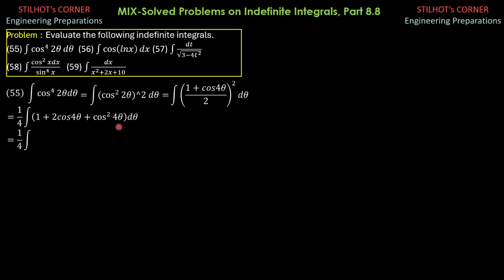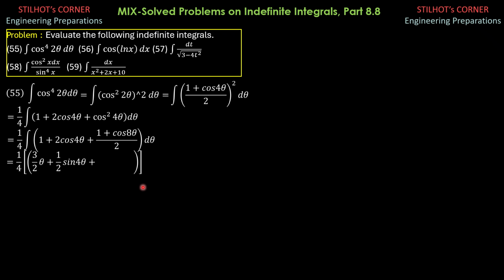So that would be 1/4 integral of quantity 1 plus 2 cosine 4 theta plus 1 plus cosine 8 theta over 2, then d theta. So 1 plus 1/2 is 3 halves. So that would be 1/4 integral of 3 halves plus 2 cosine 4 theta plus 1/2 of cosine 8 theta d theta.